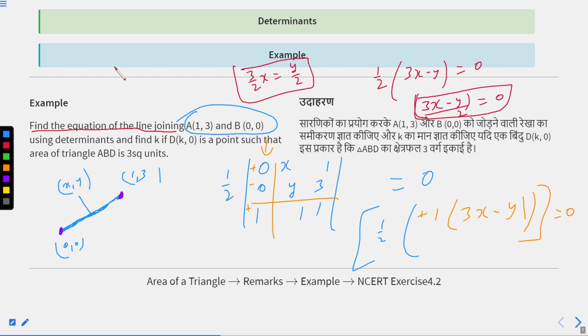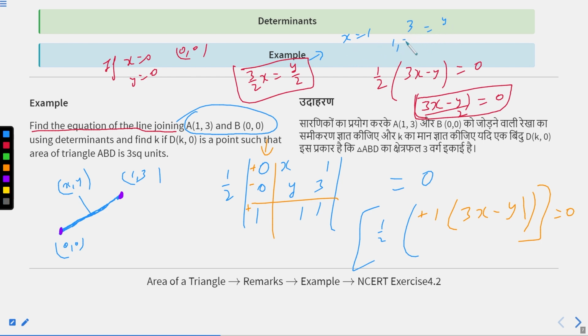So if you put x equals 0, then y is also 0. So 0 comma 0. Now if x is 1, then y by 2 equals this, and y equals 3.